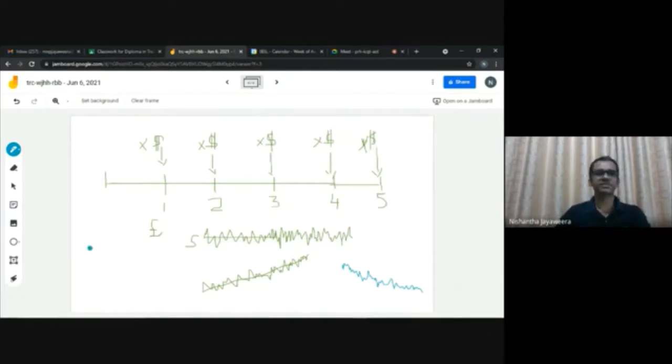Here it's the GBP USD exchange rate. During the coming 5 years, this is the behavior of the exchange rate. What's the difference?